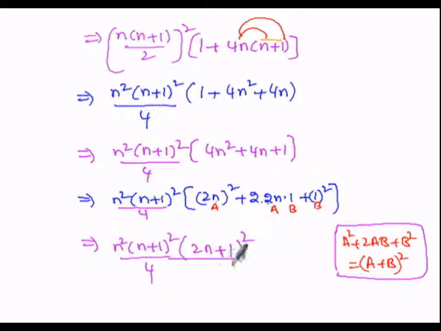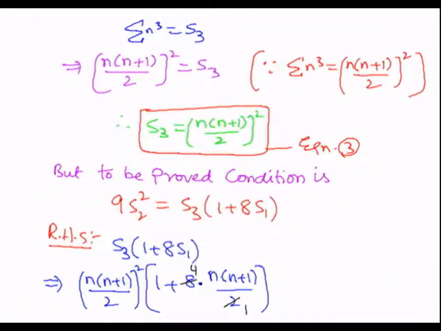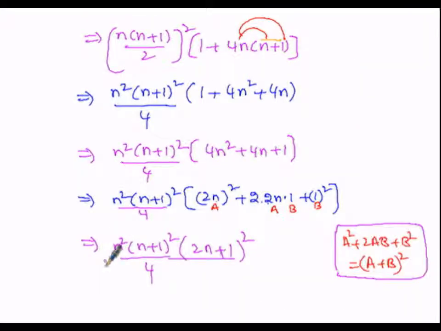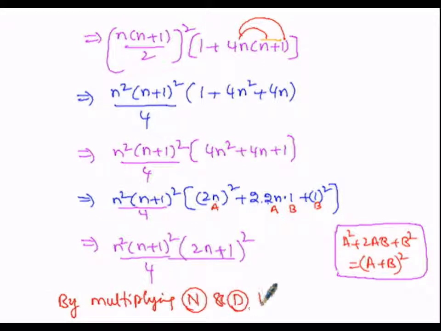So here, as per the condition which is to be proved, there is 9, that is 9 S2 whole square. So 9 S2 square, we need 9. So here 9 is missing, so I want to multiply numerator and denominator by 9. So that implies by multiplying the numerator and as well as the denominator by 9 in the previous logical step, then the next logical step will be 9 by 9 into the remaining.